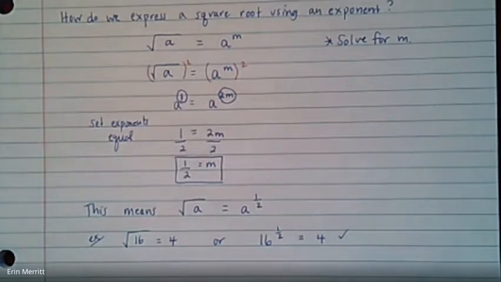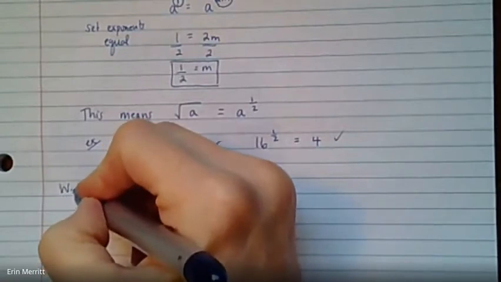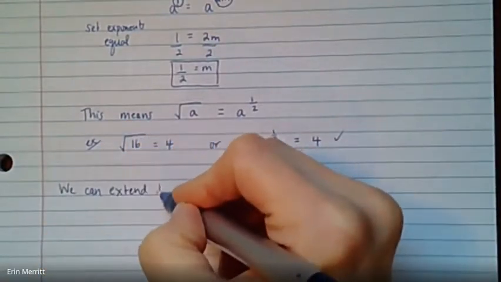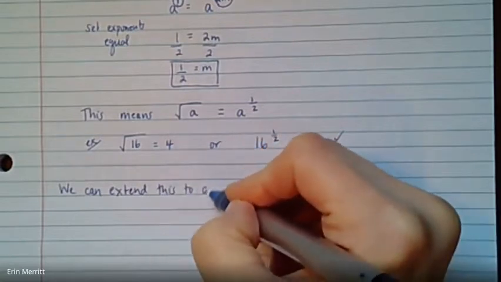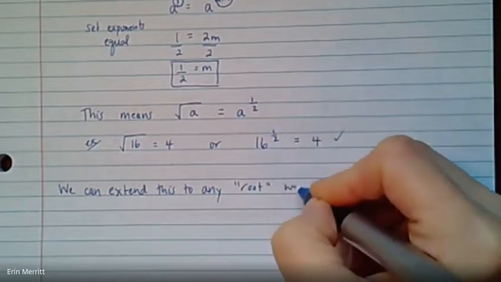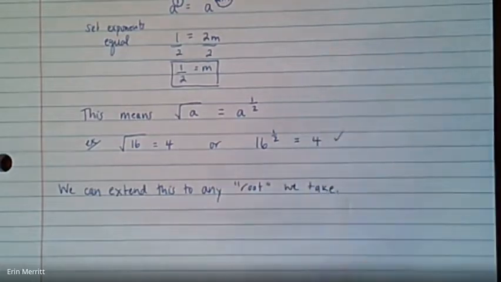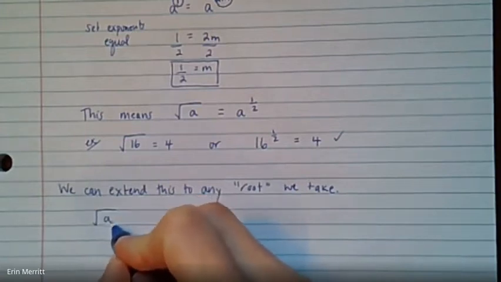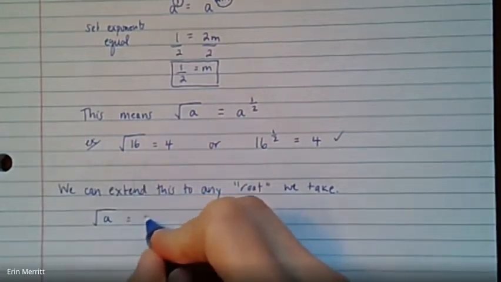The other thing we can do is extend this to any root. What I mean by that is, if I think of a square root, why did it come out as a to the 1/2?